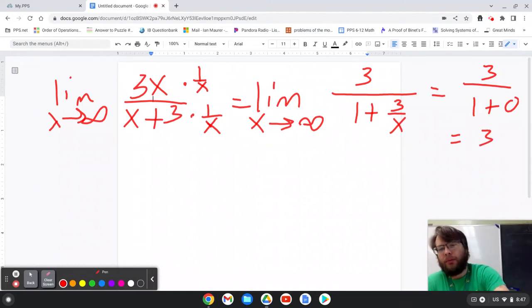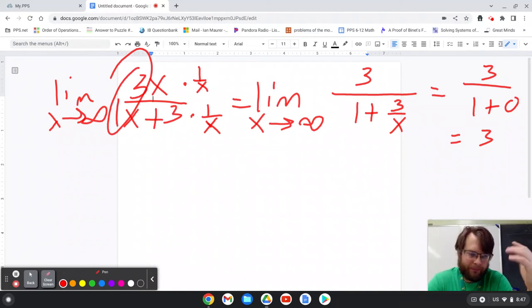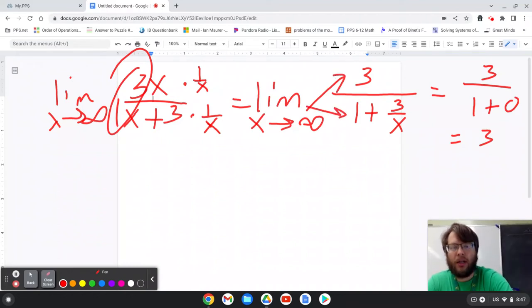Now, many people will just shortcut it and notice that the ratio of the leading terms is 3 over 1. But the reason that it works is the properties of limits, that you can apply the limit to the numerator and to the denominator, and then you can distribute the limit across addition. So that's the first example.